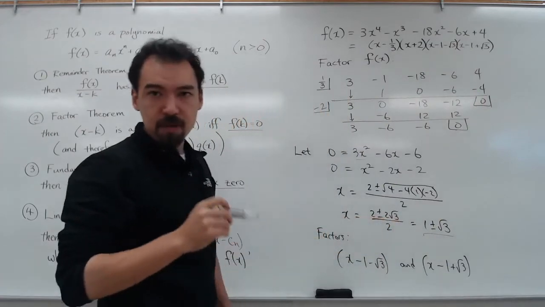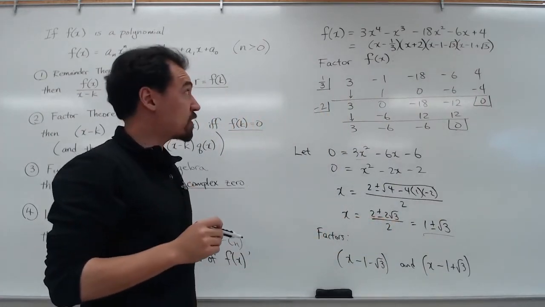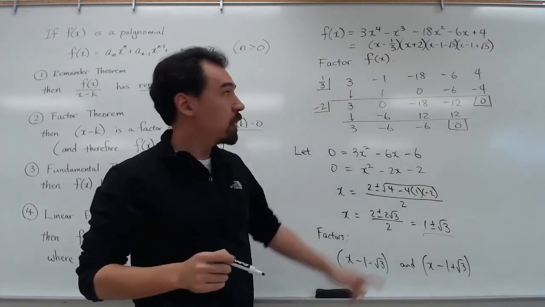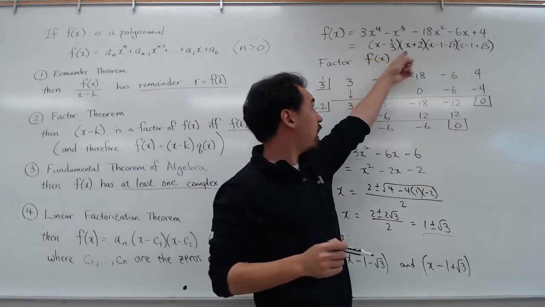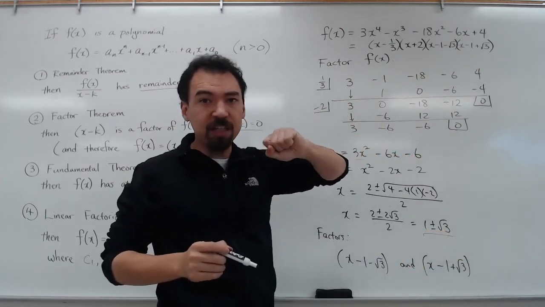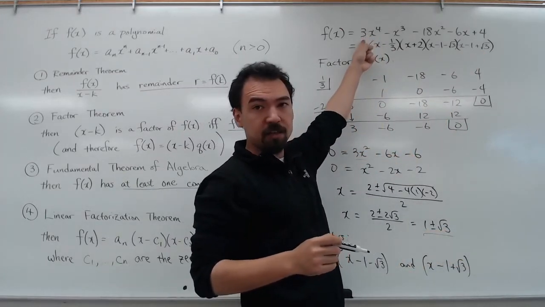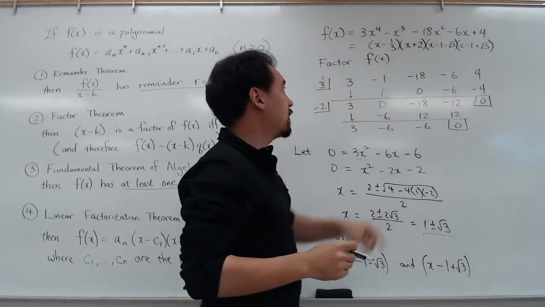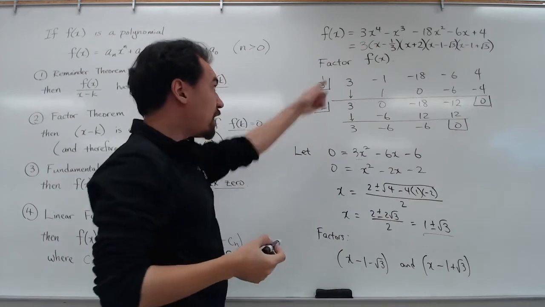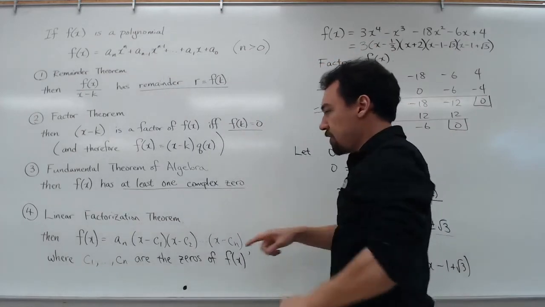Now, it turns out I'm not done yet, because if I were to take that and expand it out, if you look at the x times x times x times x, I will get x to the 4th. But what I need is 3x to the 4th. And that 3 I need to have right there. Now that 3, incidentally, is the same 3.